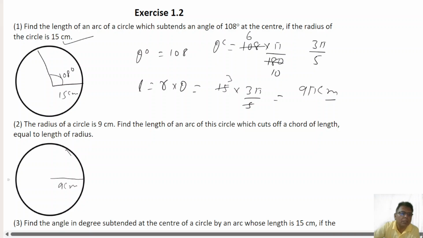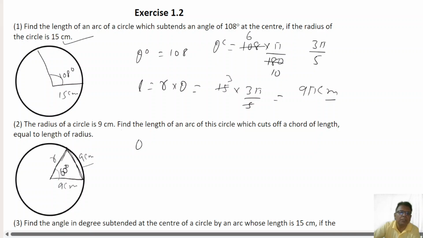So this length and this length are equal, and this length is also equal because this is also a radius. The chord cut off is equal to the radius, so this is an equilateral triangle. The equilateral triangle means this is 60 degrees. So the angle is not given here, but by this reasoning we can understand this is 60 degrees.